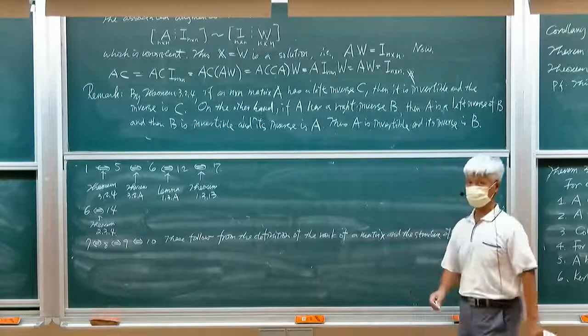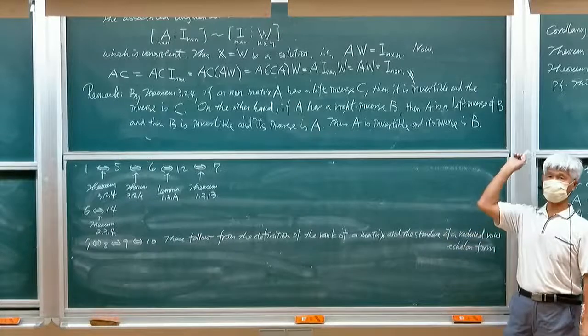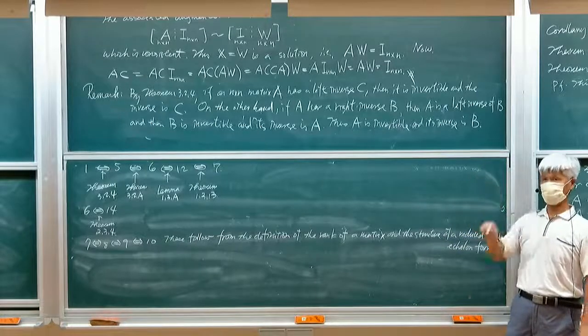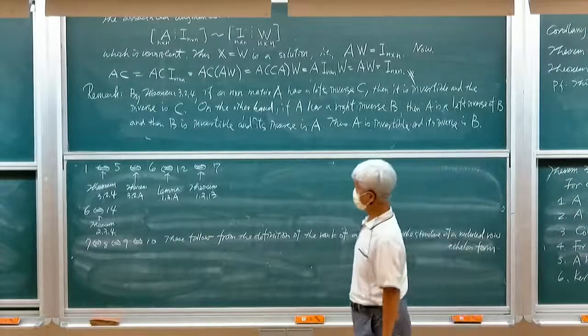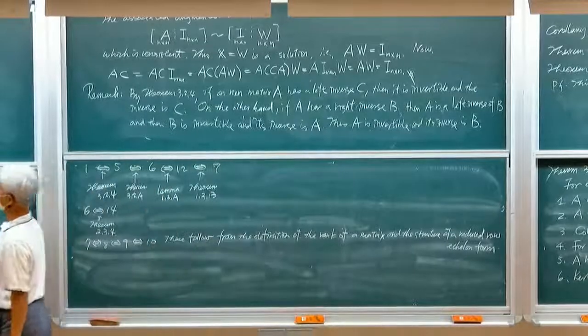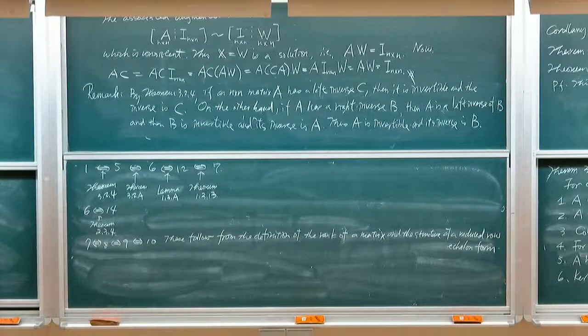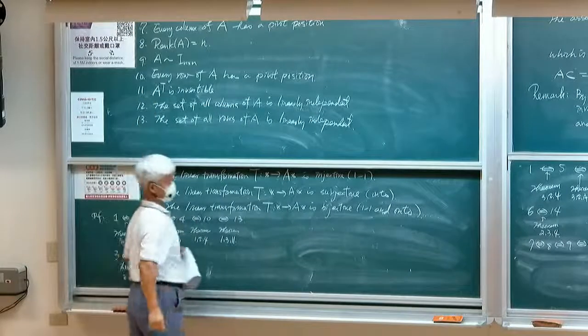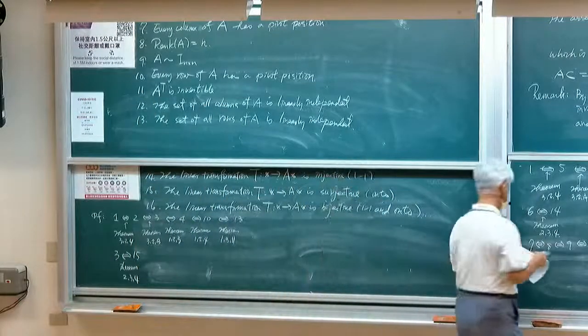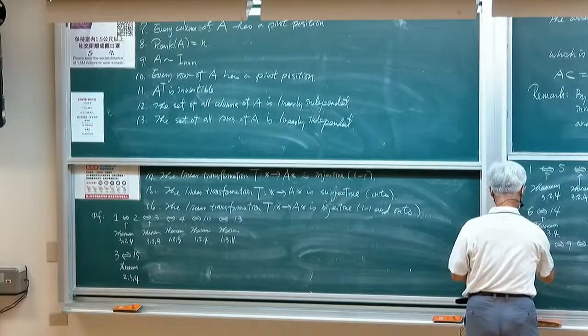Okay, because reduced echelon form is taking the echelon form, the stairwise form. So 7, 8, 9, 10 give you a particular one. So we divide it into 2 parts.